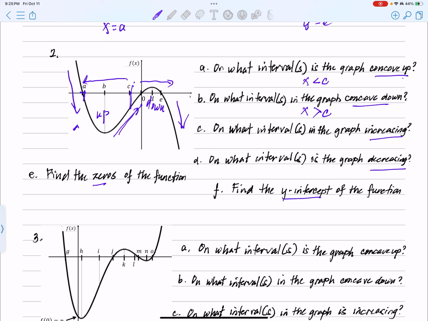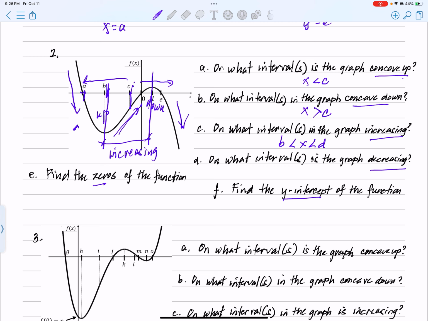So do we see any increase only between B and where it's still increasing from here? Right? It's increasing. So what interval is it increasing? Isn't it from B to D? Okay, from B to D, it's increasing.